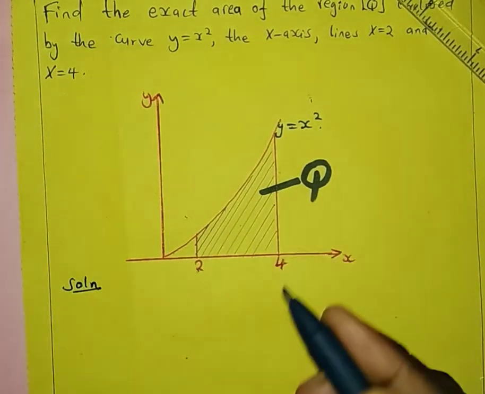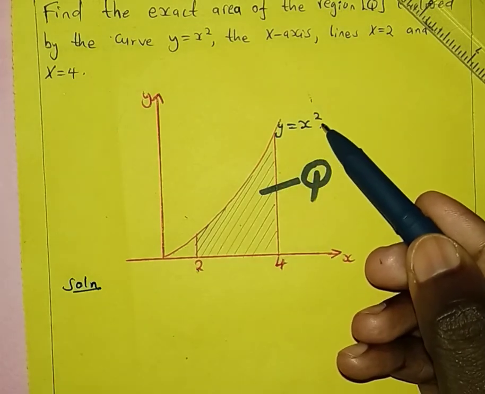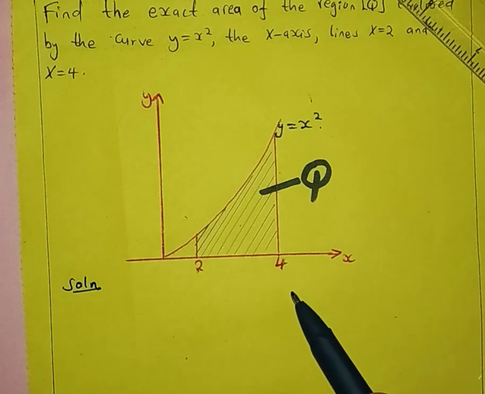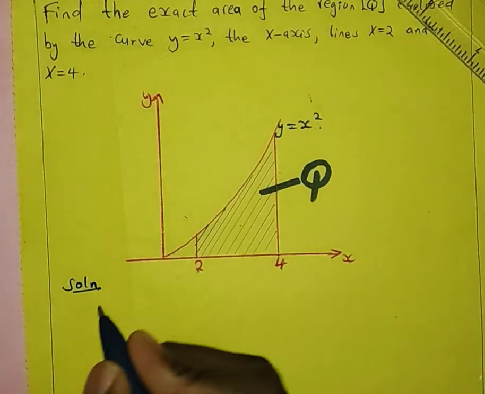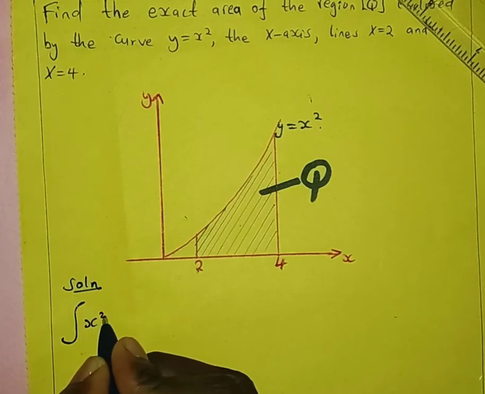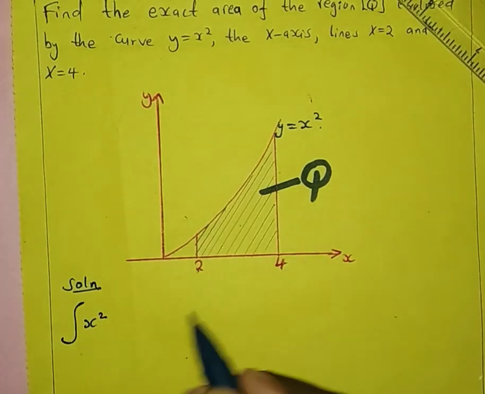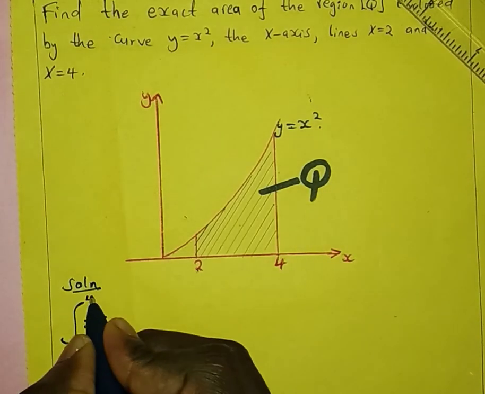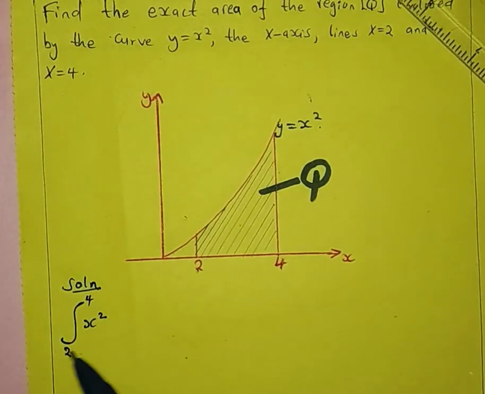Now we are integrating the curve y equals x squared with lines x equals 2 and 4 as our lower and upper limits respectively. Our lower limit is 2 and our upper limit is 4. So this is a definite integral.